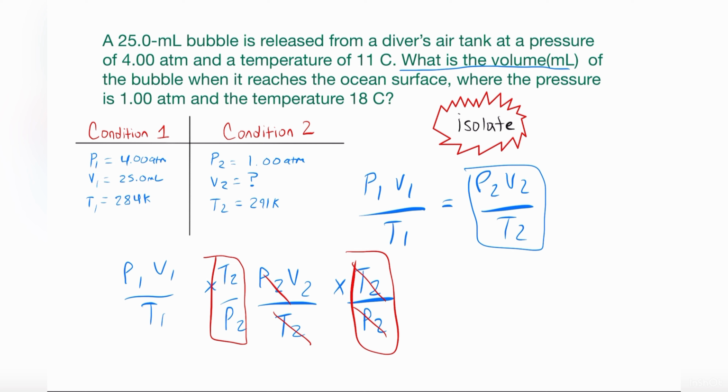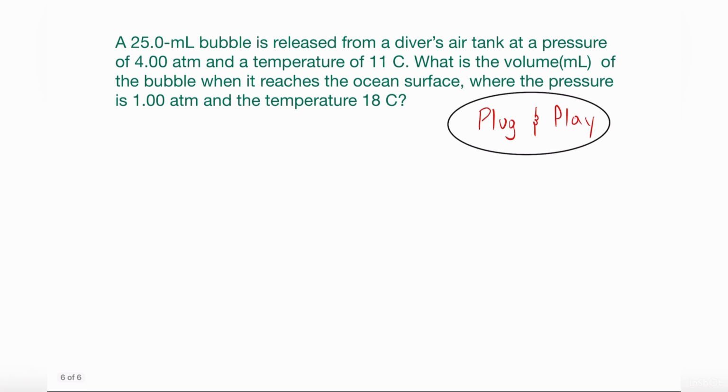And now what we're left with is V2 equals V1 times P1 over P2 times T2 over T1. Okay, so now what we can do is go ahead and plug and play.